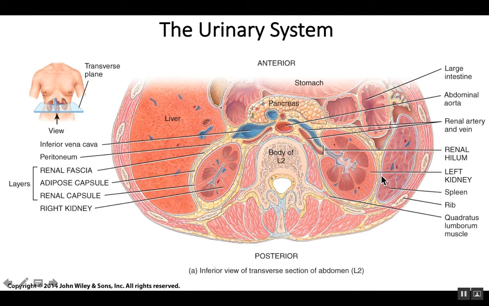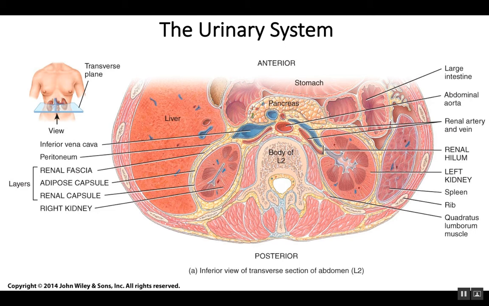It looks like this left kidney is larger, but again, it's just at a different level. So when we do a cross section, quite often the kidneys don't quite look the same size because you're slicing through them at different levels. And then the other thing to note is the layer of fat that surrounds kidneys. This is known as the adipose capsule. This is a protective layer of fat surrounding each kidney.